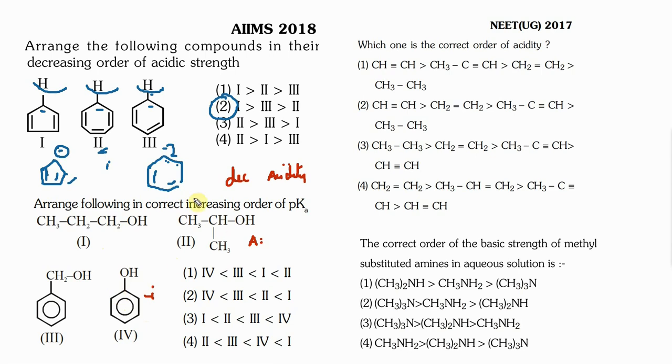Okay, now all the other ones are nothing but CHOH with a Z group. CHOH, CHOH, CHOH. Okay, so now you want acidity means you don't want plus I effect.